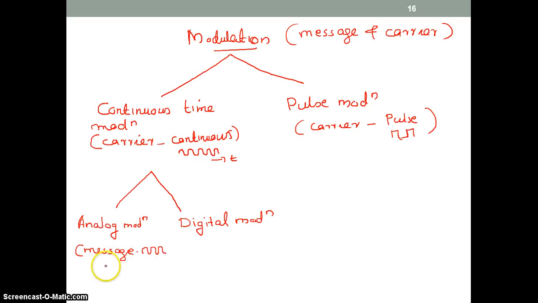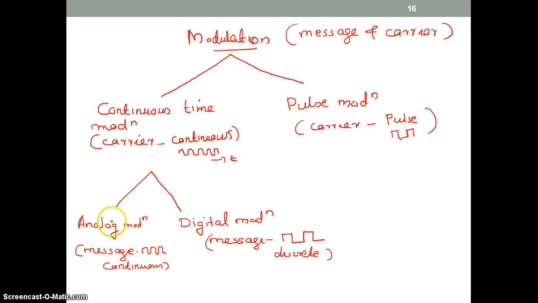In digital modulation, the carrier is continuous but the message is discrete. It will be in zeros and ones. The message is discrete. So hope this is clear for you now.